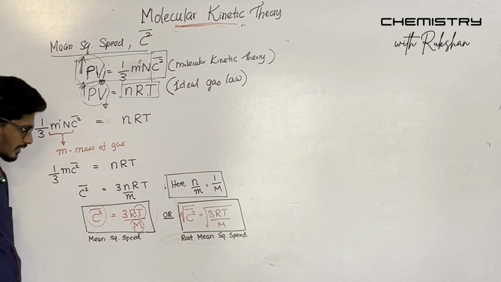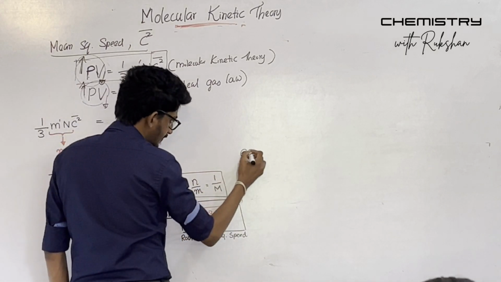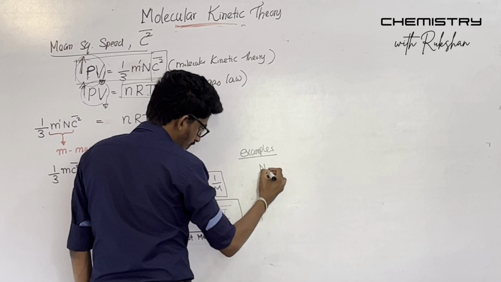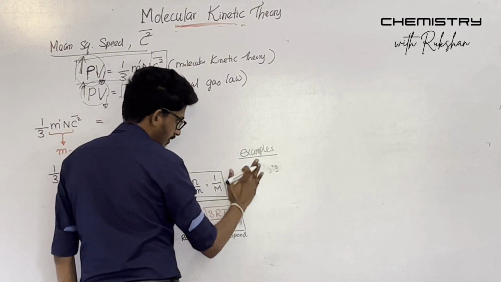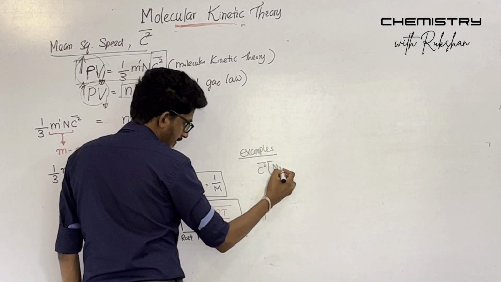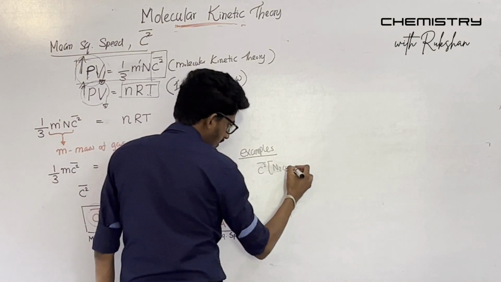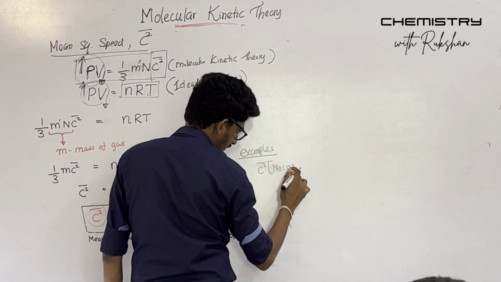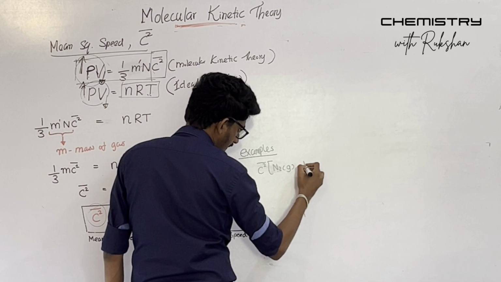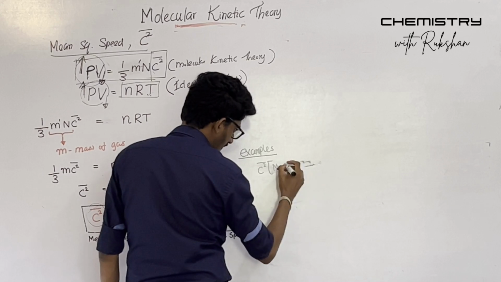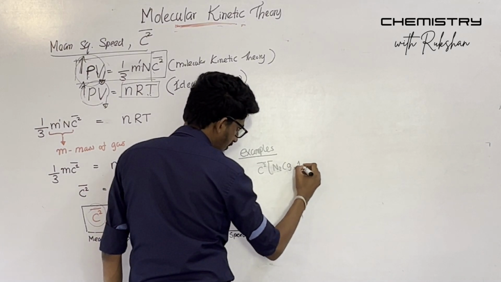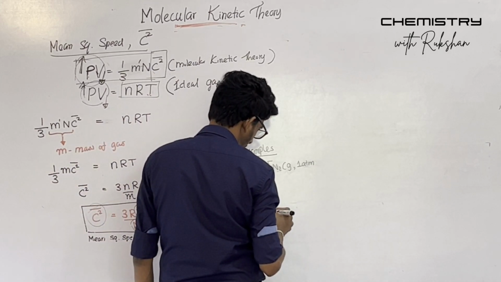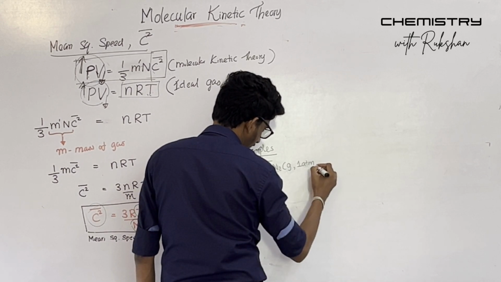See, let's discuss some examples. Let's take the C squared bar for the N2 gas with 1 atm pressure and 300 Kelvin.